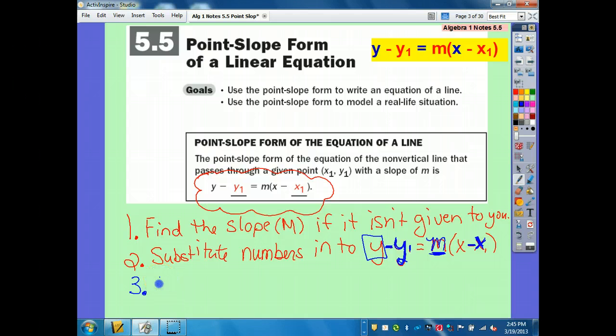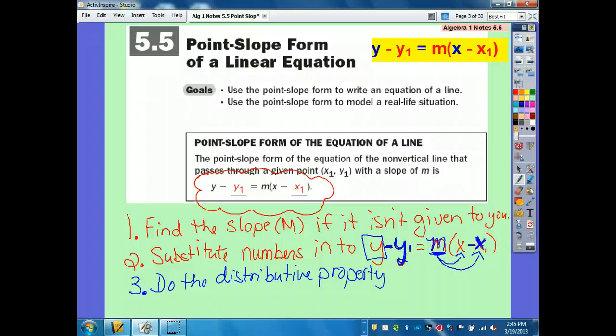All right, so after we substitute numbers in, number three, the third thing we will do then is the distributive property. Okay, and there's only one thing here to do on the distributive property, m times whatever this is, and m times this. All right, so then you'll bring it down to that.